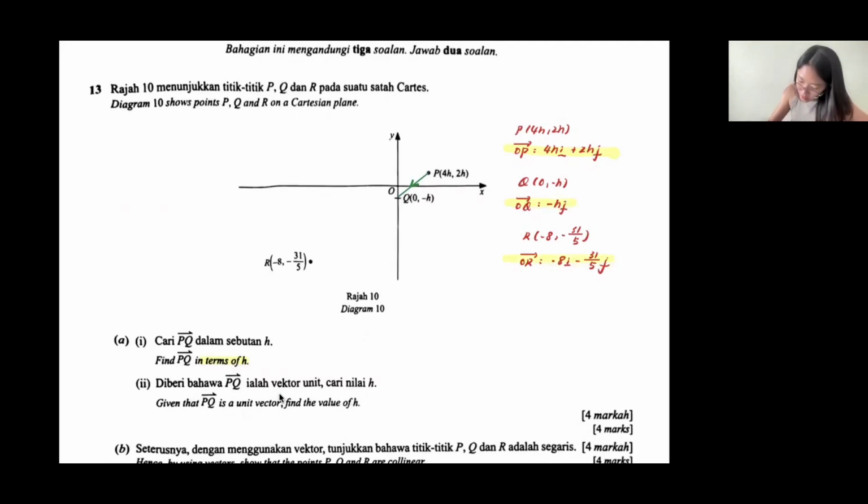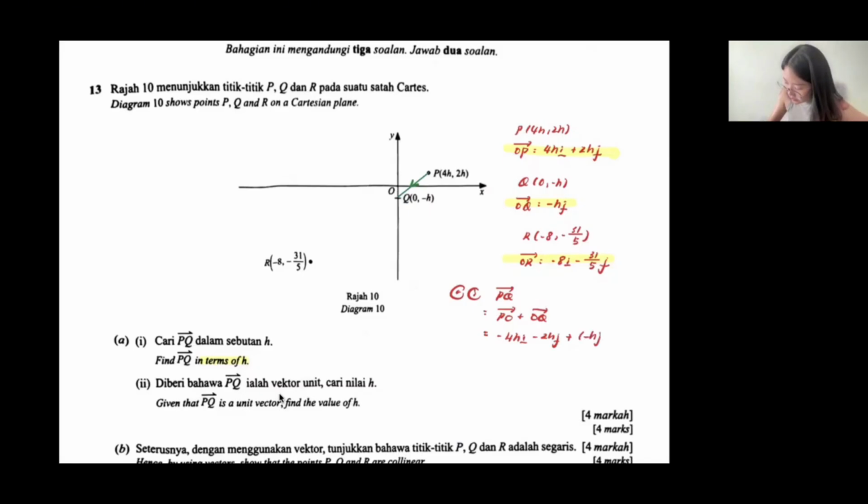Then for A part 1, they wanted P to Q. So you can go to O first, and then only you go to Q. So PO, it's reversed already. You have to change the symbol, opposite direction. So it becomes negative 4hi minus 2hj. And plus OQ.